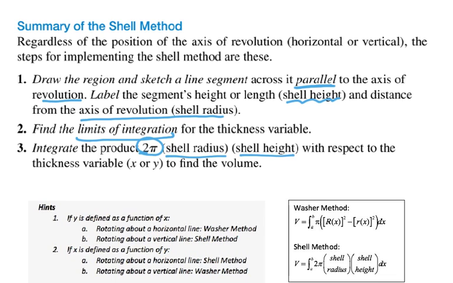Y in terms of x about a vertical line, you might want to use the shell method. And if you have x easily in terms of y, then about a horizontal line we would use shell, and about a vertical line, we would use the washer. I've put our washer and shell methods there for comparison.